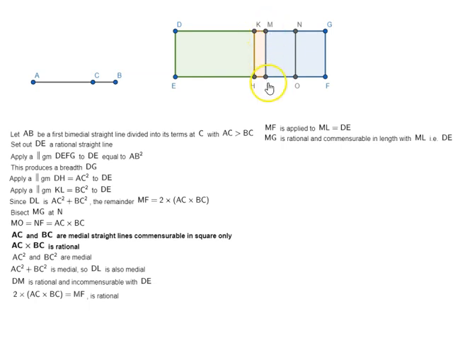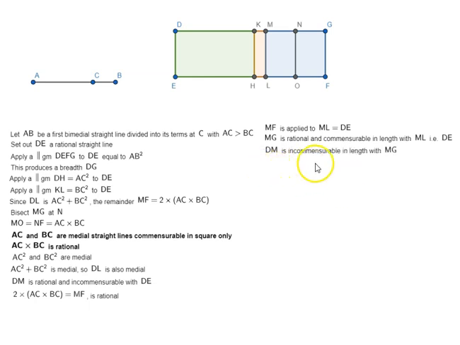MG is commensurable with ML. Why? Because MF is applied to ML and this area is rational and ML is rational because DE is rational and they are equal. So that means MG is rational and commensurable in length with ML, that is DE.